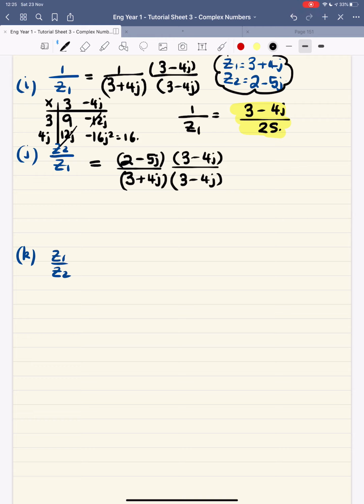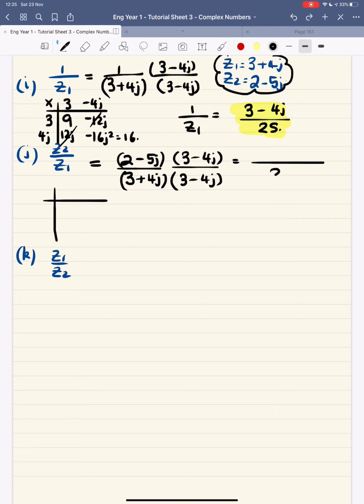Okay, so we've already done 3 plus 4j times 3 minus 4j here, so the answer was 25. So it's going to be 25 on the bottom in the denominator of the answer.